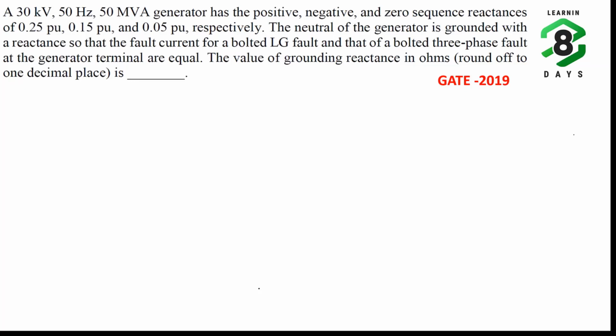The nomenclature we have used in our lectures is that the positive sequence impedance of the generator is designated ZG1, which here is 0.25 per unit, the negative sequence impedance is ZG2, which here is 0.15 per unit, and the zero sequence impedance of the generator ZG0 is 0.05. Understand?